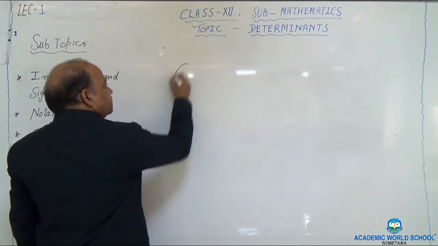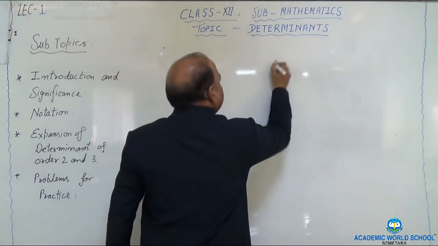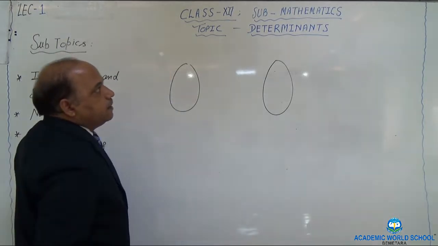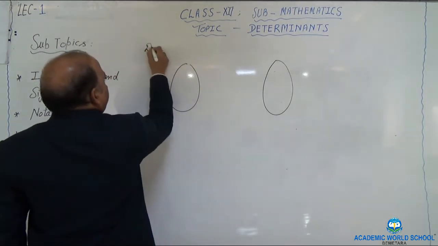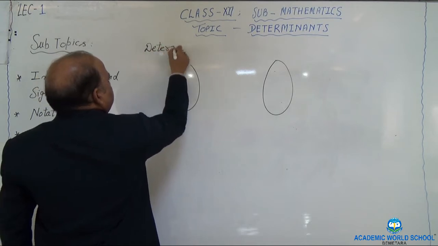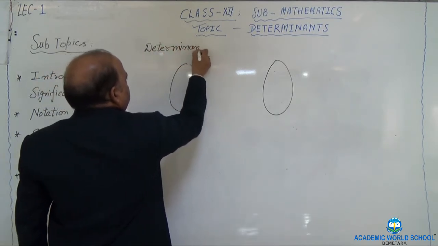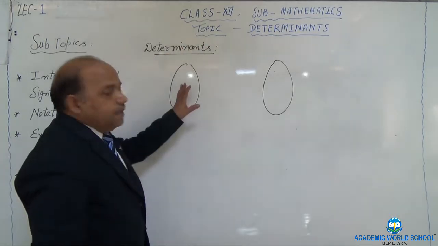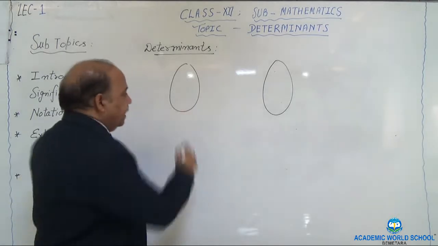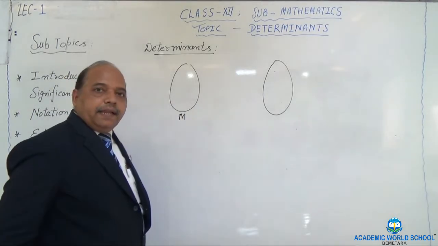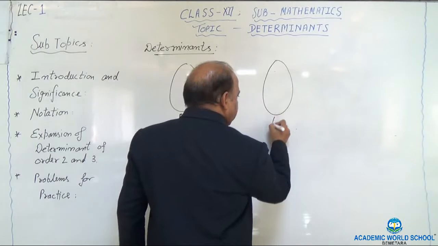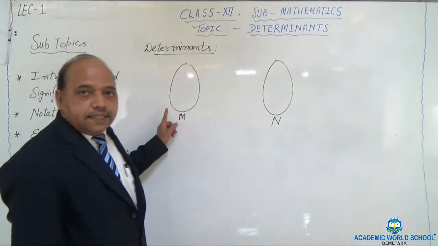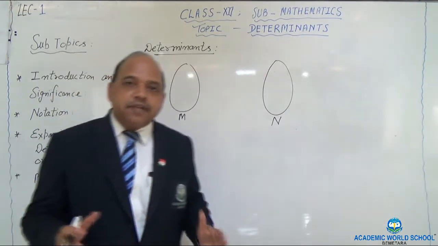There are two sets we have taken. We are right now trying to define determinants. Let's say this is a set represented by capital M, and this is another set, defined by capital N. When we are saying this is a set, obviously it must have some elements.